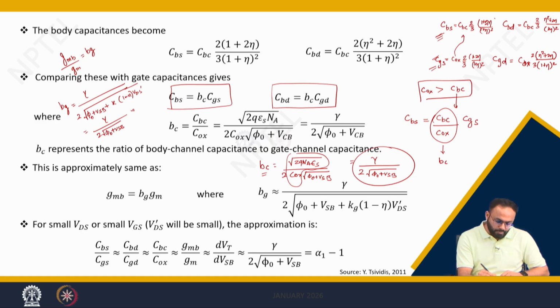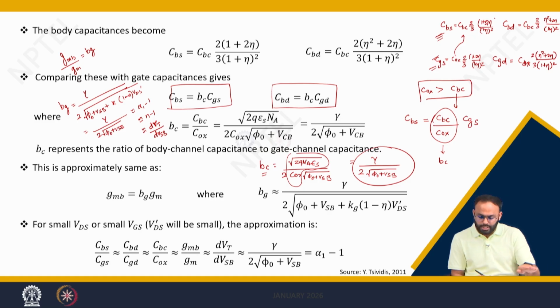This is also nothing but alpha minus 1, or n minus 1, or dVT divided by dVSB. We have done all these calculations in previous lectures.